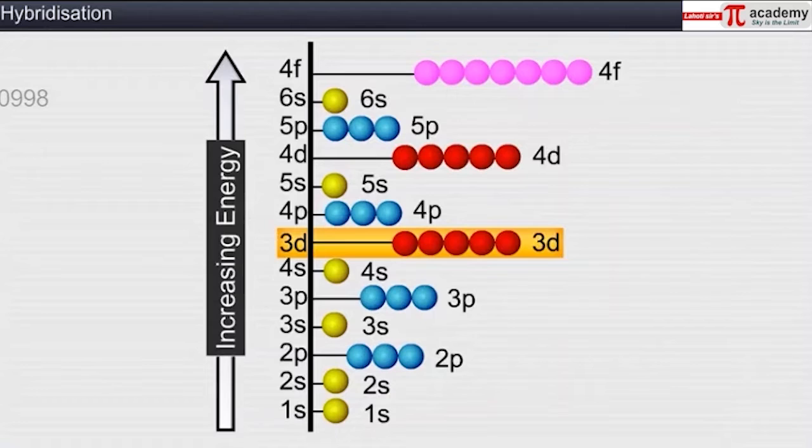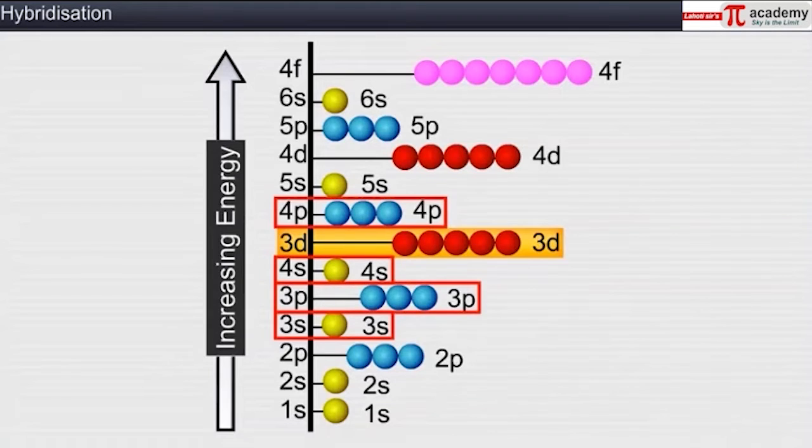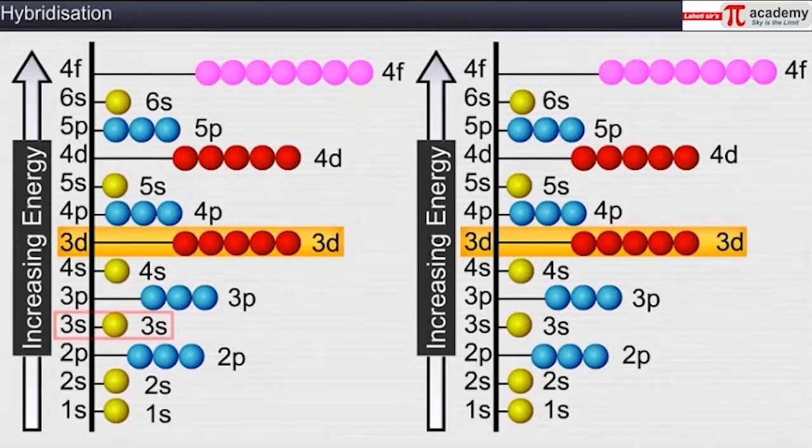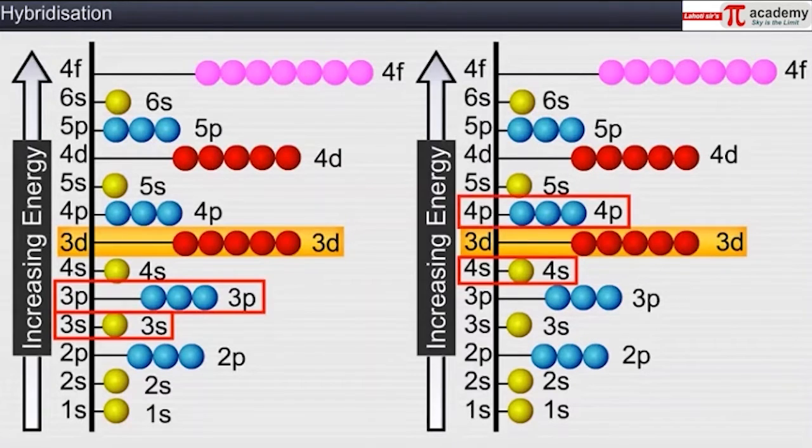The energy of 3d orbitals is not only comparable to 3s and 3p, but also comparable to 4s and 4p. Therefore, the hybridization of d orbitals either involves the 3s, 3p and 3d orbitals or the 3d, 4s and 4p orbitals.